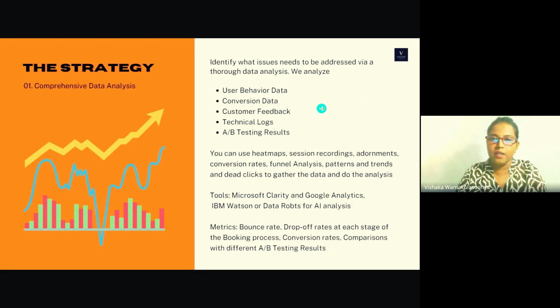After identifying that percentage, you can consider how to place the important information and CTA buttons, call to action buttons. As an example, if you have fewer interactions in the footer area, then you should not put your important information and CTA buttons in the footer area. That kind of decision you can make via heat map analysis.